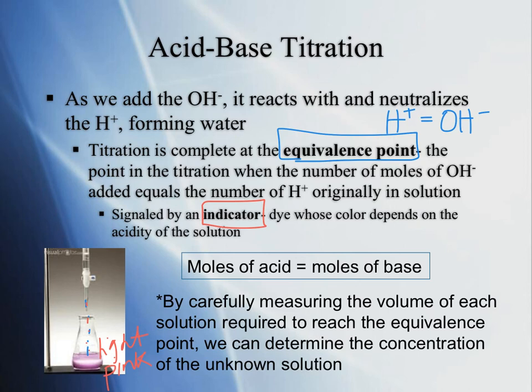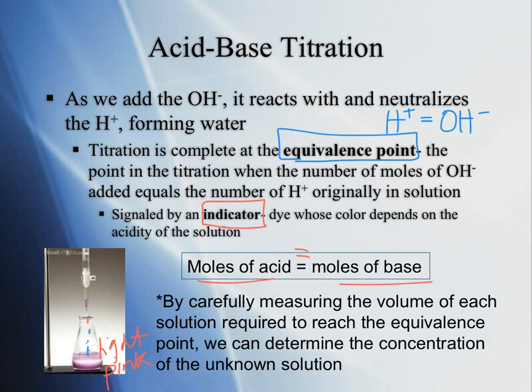But if you can get it a very, very light pink, we can know that it's pretty much neutral. So at neutral, that means the moles of the acid are equal to the moles of the base, meaning that we have equal numbers of hydrogen ions to hydroxide ions to make water molecules, and there's nothing left over.